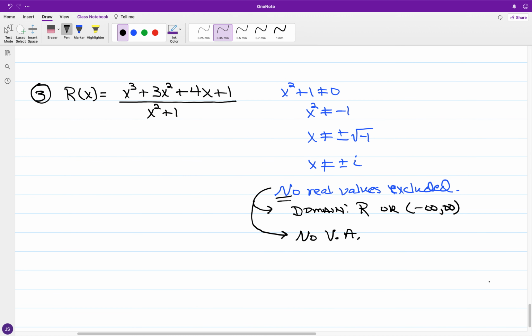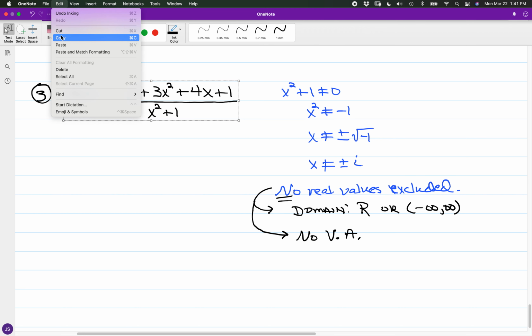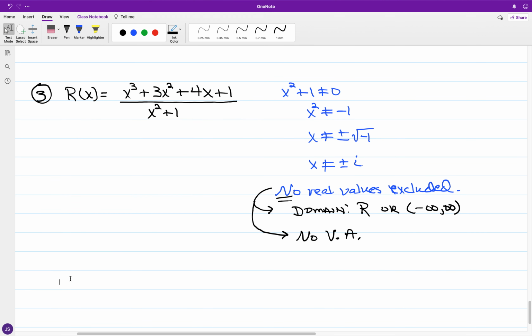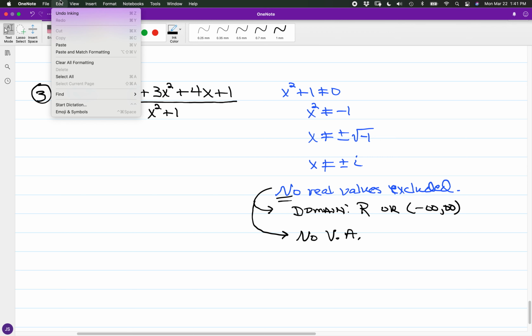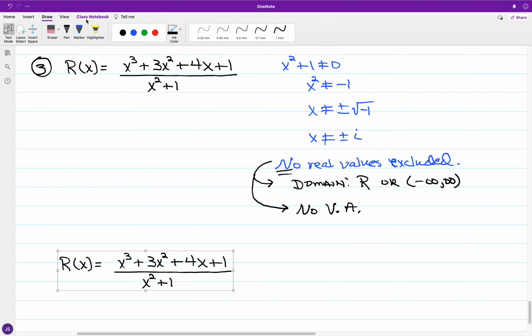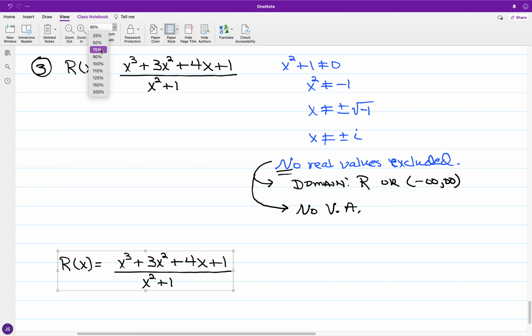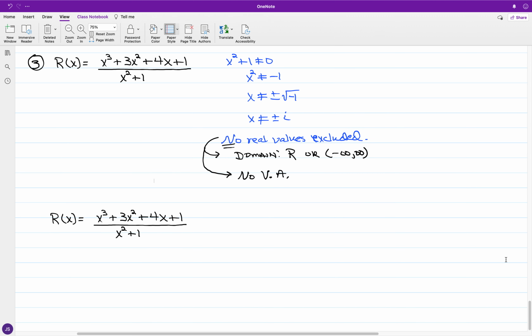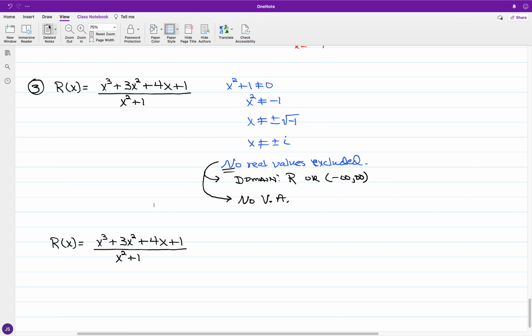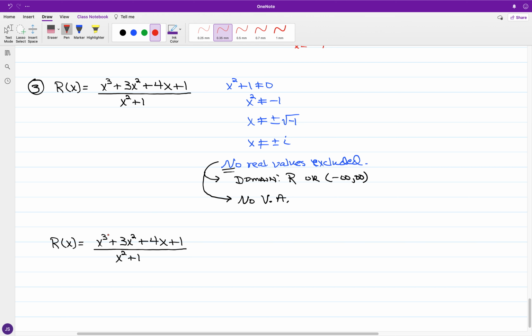Now, regarding this ratio, let's see if we have any kind of asymptote. So in the case of the numerator, we have n is equal to 3, and we have m is equal to 2.